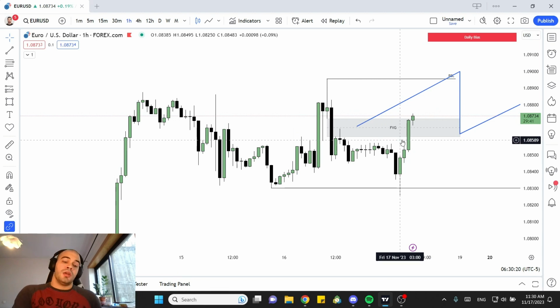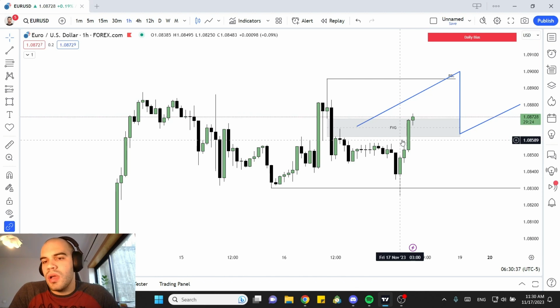There's one thing I have to outline: we may be on a seek and destroy day, and seek and destroy means that price is just looking for liquidity going up and down without a well-defined direction in the marketplace.